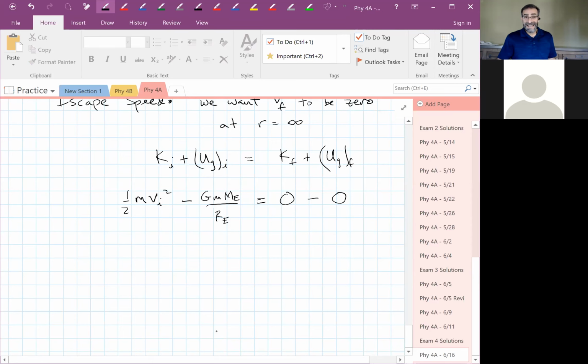You can set gravitational energy to be 0 only when the two objects are infinitely far apart from each other. And I know it's weird to say that the object gets to its biggest gravitational potential energy. It gets to 0. Yeah, 0 is the biggest it's going to get, and it always has less than that as they get closer together. Negative, because negative numbers are less than 0.